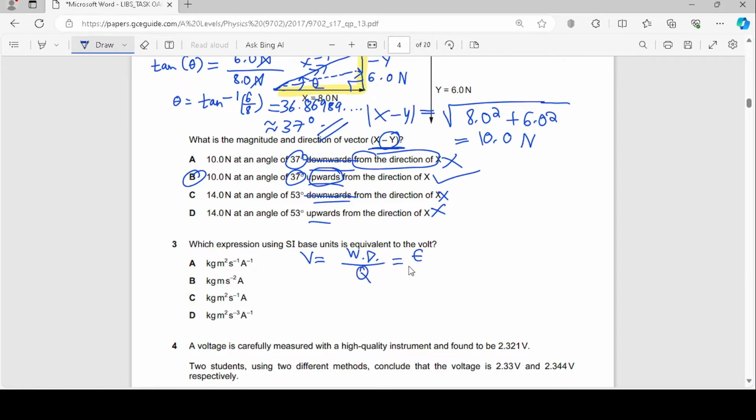And then you have EMF and PD. So the EMF would be the work done per unit charge in driving the charge around a complete circuit, whereas the potential difference would be the work done per unit charge to move the charge from a point A to a point B across the circuit or across a component.